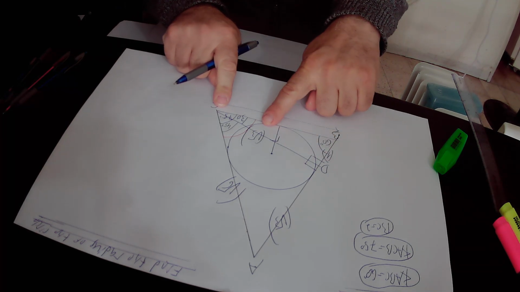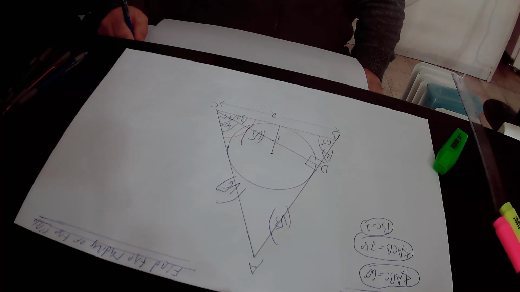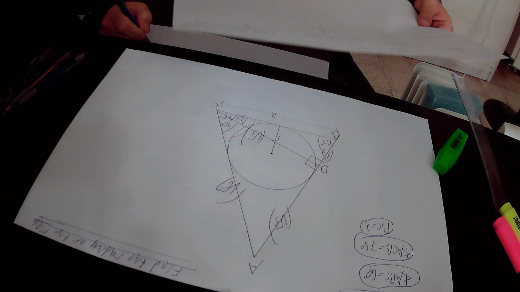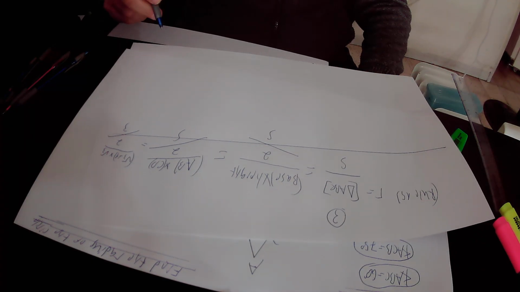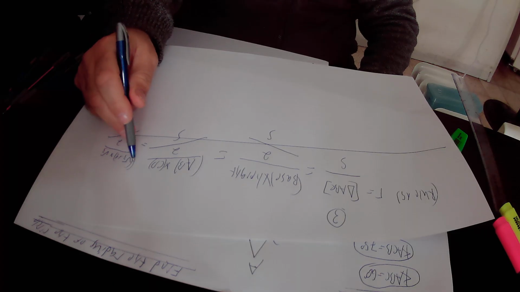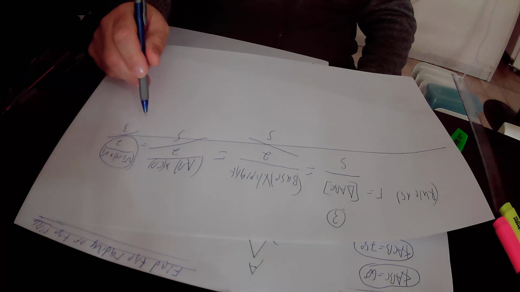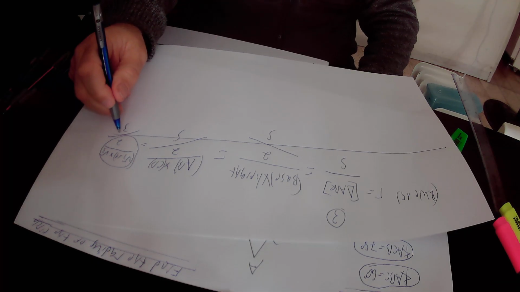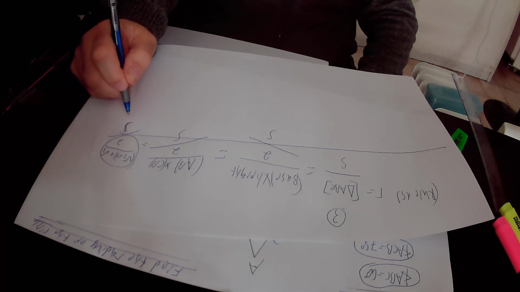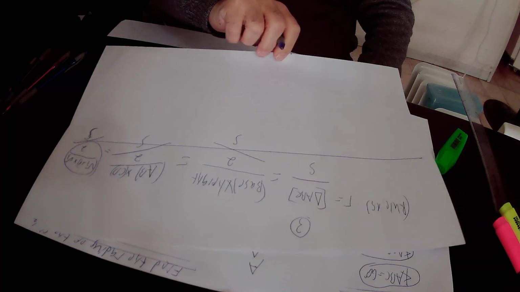CD is equal to 3, divided by 2, all divided by S. So this expression is the area of triangle ABC, and we have to divide it by S, that is the semi-perimeter of the same triangle ABC.